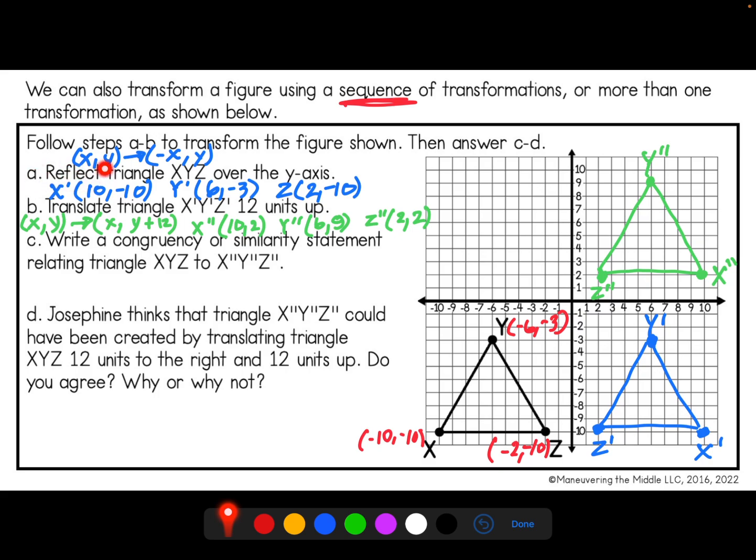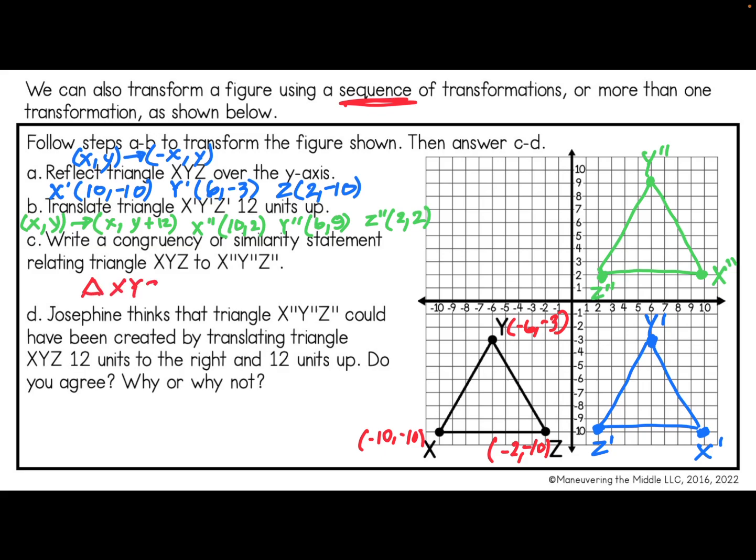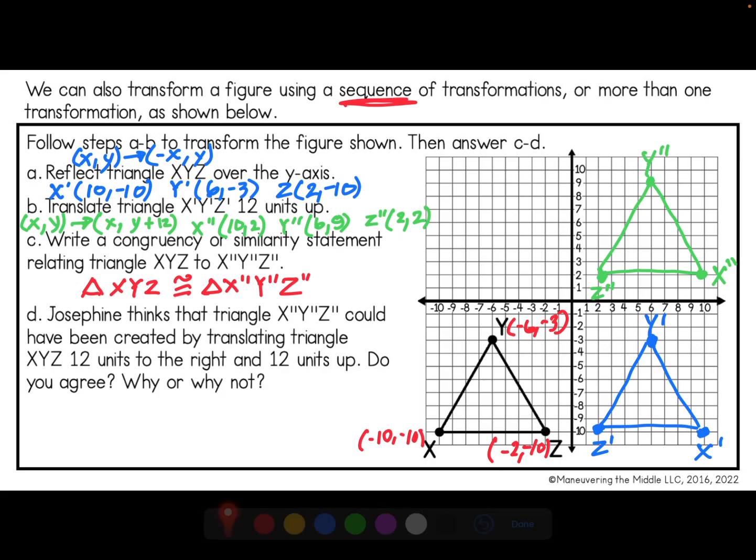Because reflections and translations are rigid transformations, all the triangles are congruent. So triangle XYZ is congruent to triangle X prime, X double prime, Y double prime, Z double prime. All right, now Josephine.